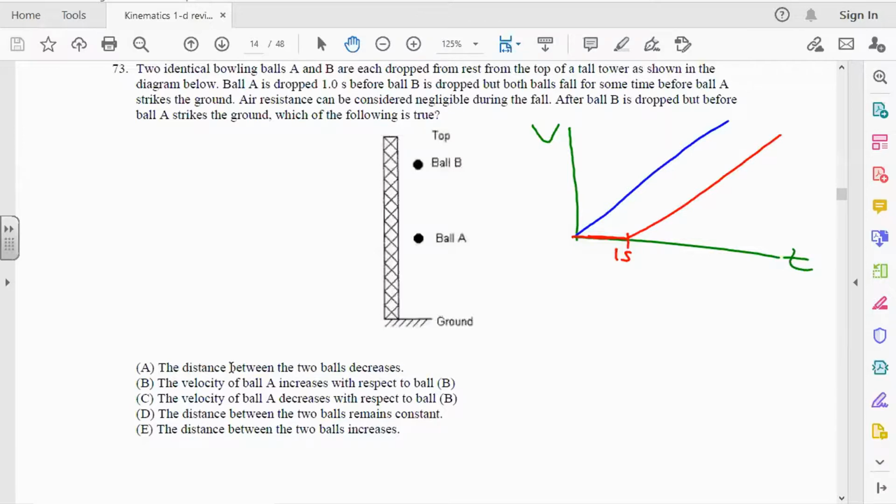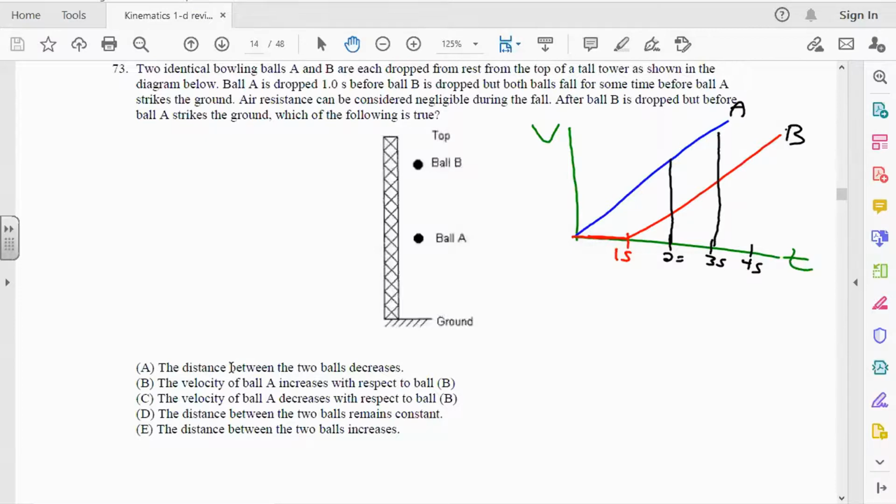So what I can do is just kind of look along this graph and look, okay, here's 2 seconds, here's 3 seconds, there's 4 seconds. And if I kind of just eyeball what's going on with these areas, I can see that A's area, so this is A and this is B, A's area is increasing quicker than B's area.